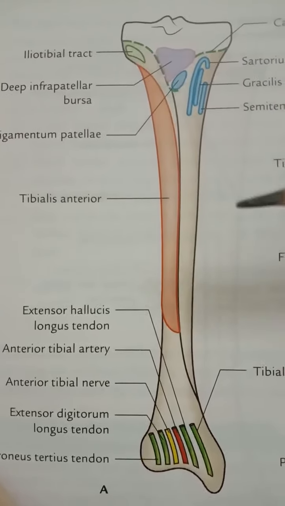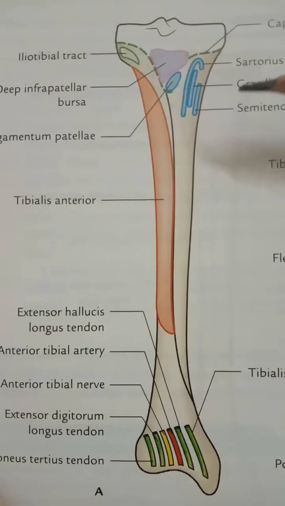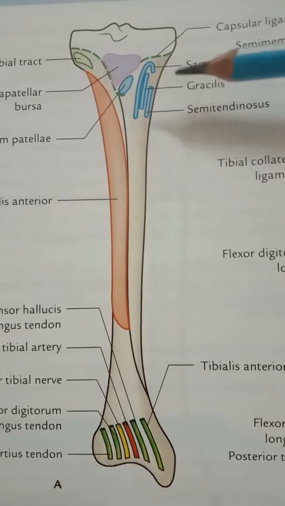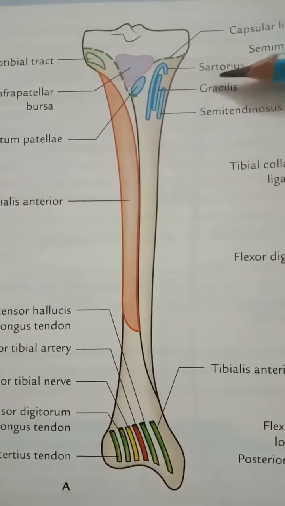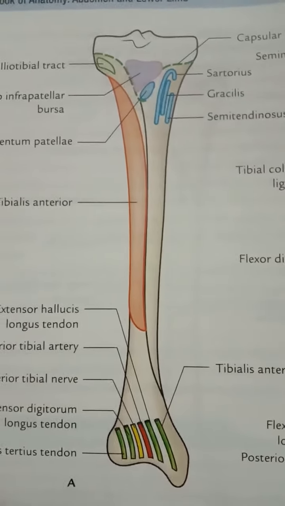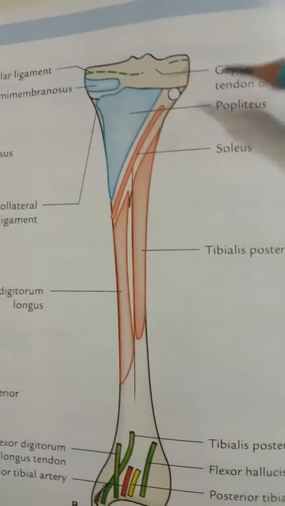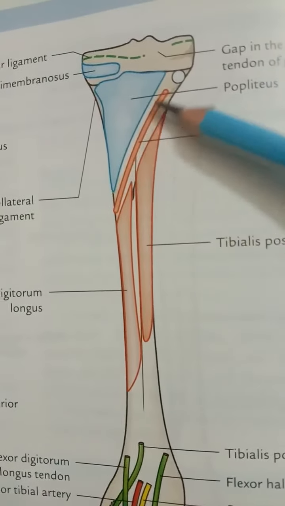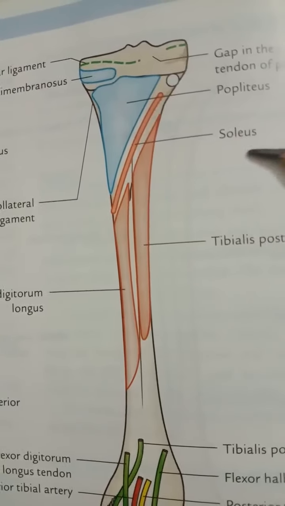Then the upper part of the medial surface receives the insertion of three muscles: the sartorius, gracilis and the semitendinosus. Then on the posterior surface, the soleus muscle arises from the soleal line.